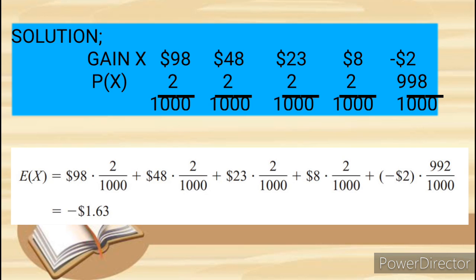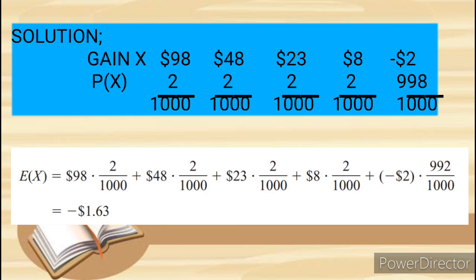The probability of getting $98 is 2 all over 1,000. Probability of getting $48 is 2 all over 1,000. Probability of getting $23 is 2 all over 1,000. Probability of getting $8 is 2 all over 1,000, and the probability of getting negative 2 is 992 all over 1,000.